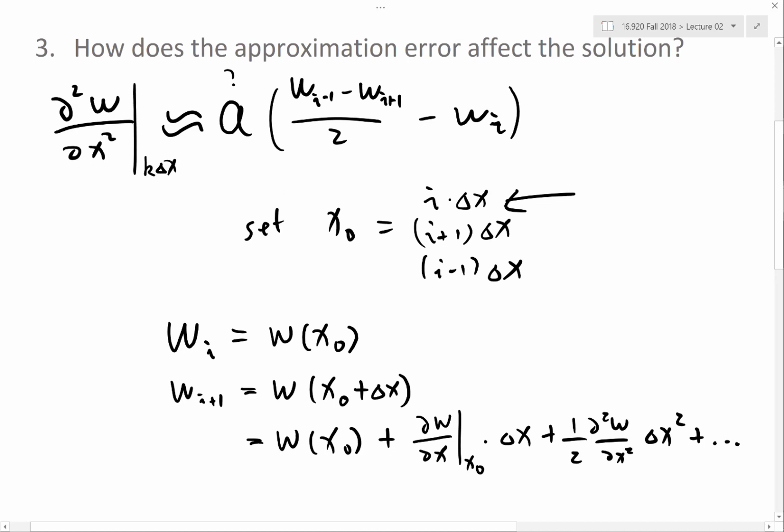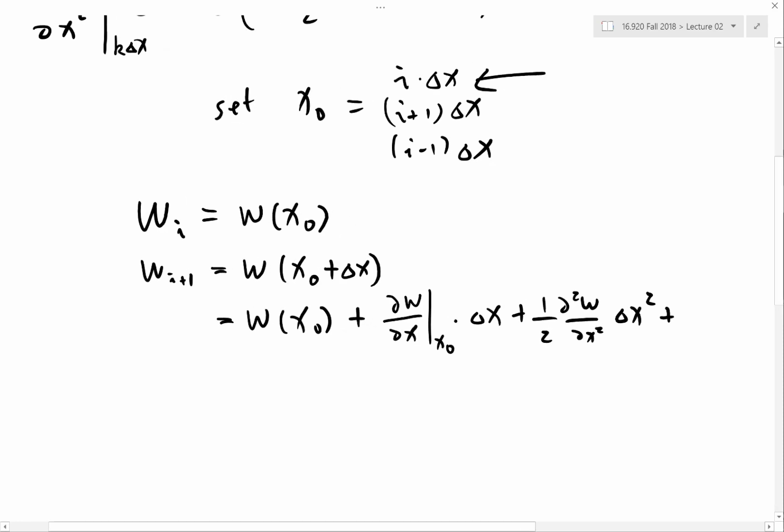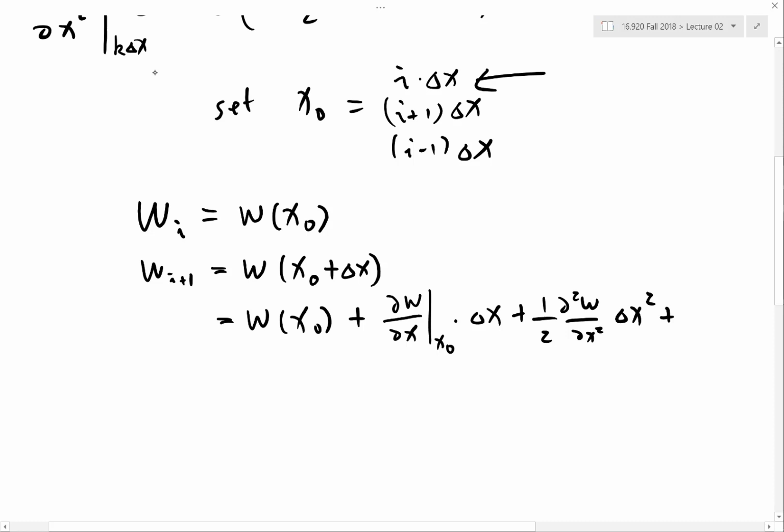For determining a, let's assume they are at least proportional to delta x cubed. There is a notation for this, called big O notation, big O of delta x cubed.